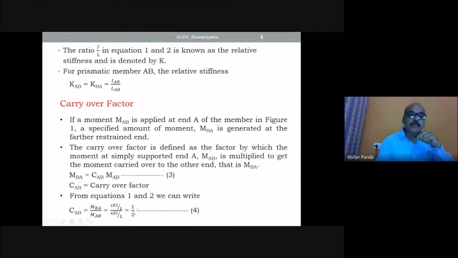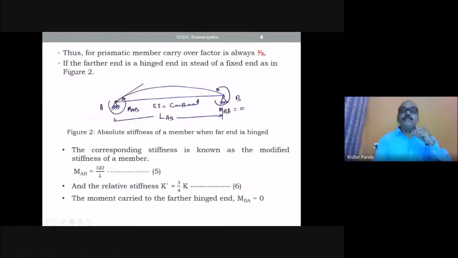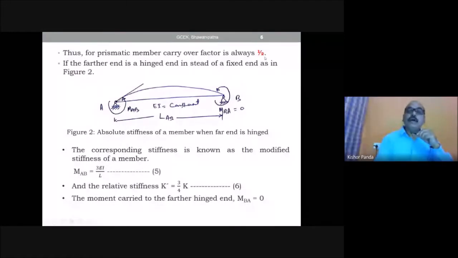Half. So the carryover factor for any prismatic member is half. Half of the moment is carried over to the other end of the member. For a prismatic member, the carryover factor is always half.